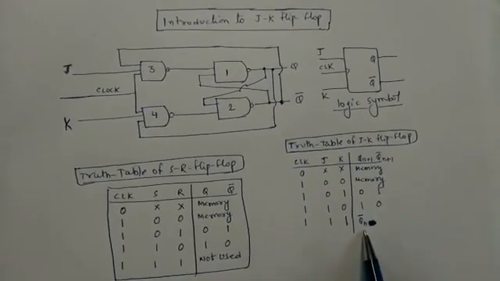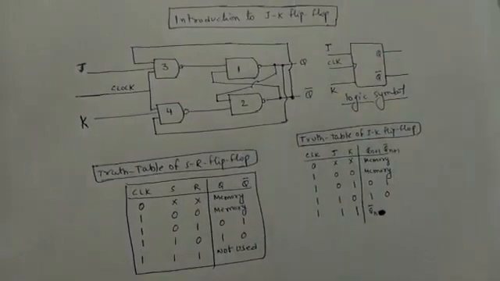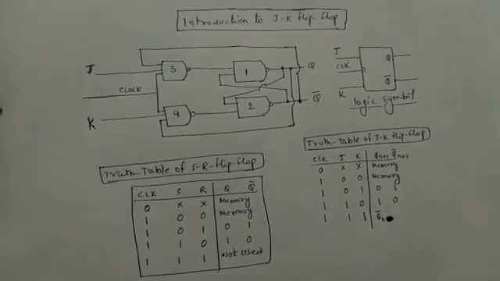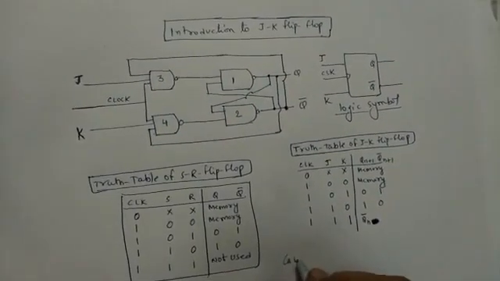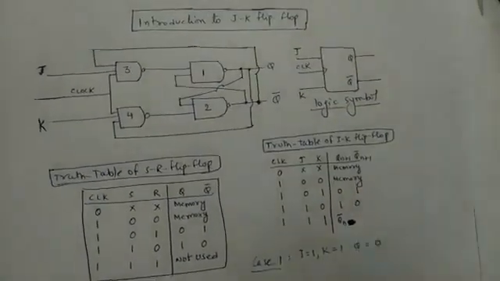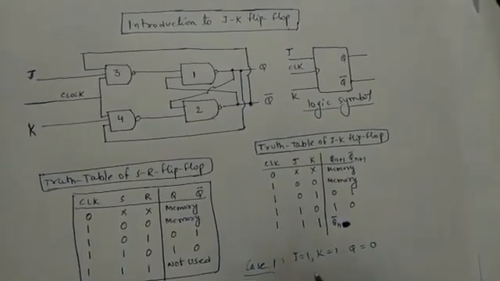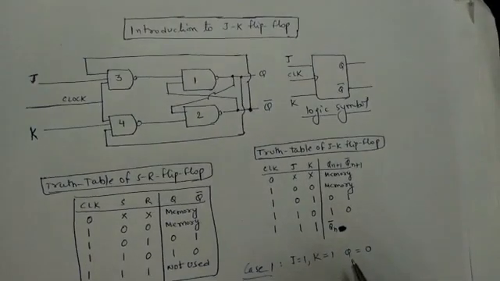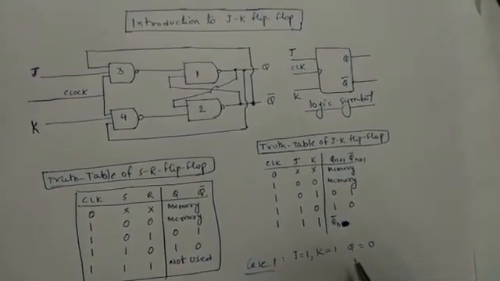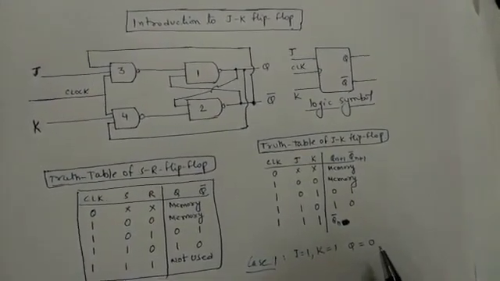For that we have to consider either Q equal to 0 or Q bar as 0. In this case, J is equal to 1 and K is equal to 1, and I have assumed Q to be 0, and let us see what the output is going to be now.